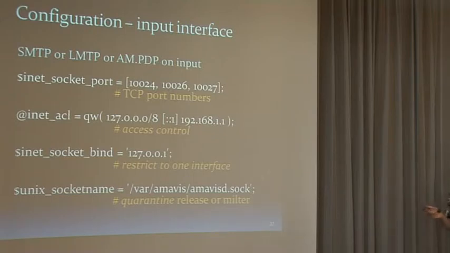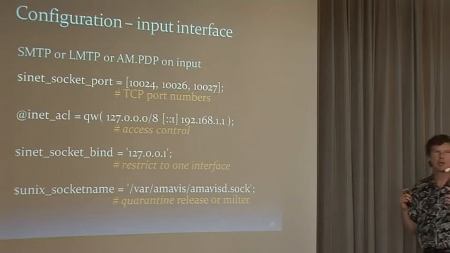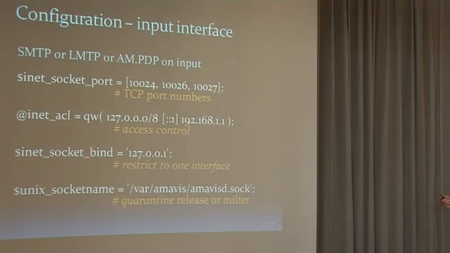The configuration file, as was mentioned, is a Perl program by itself. It is interpreted by Perl itself. It uses Perl syntax. It is not parsed by Amavis. It is run. It is executed by Perl. So typically you see assignments to scalar variables. In this case, the assignment is a reference to a list of numbers. In this one variable, the @ means it is a list, unlike the $, which means it is a scalar.